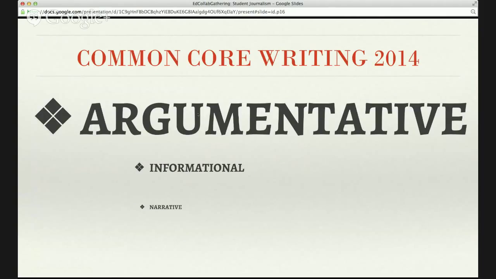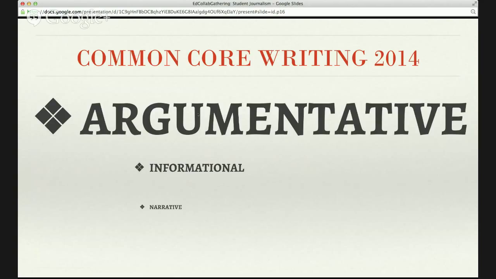But in terms of writing, I've never really had too much of a problem with it. I like that it simplifies things in a way by breaking it down into really 3 overall modes of writing: argumentative, informational, narrative.